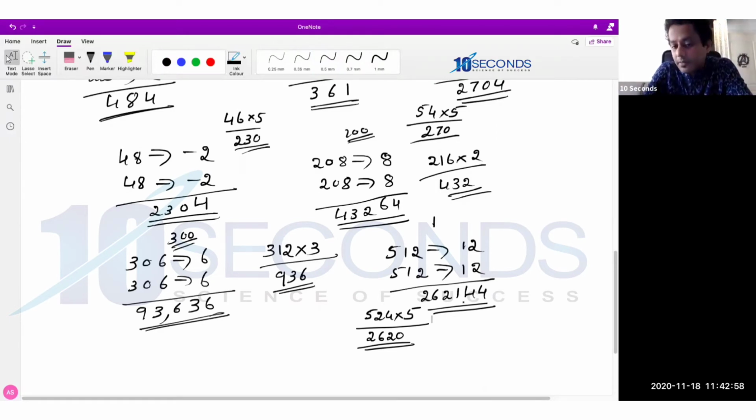After multiplying by 5, you need to add the carry, because till 1000 it is two digits; for 1000 onwards, three digits you can write. So you cannot write 144, you have to write only 44. One carry you need to take. Then 2620 is the number you get, add one carry to it, so it becomes 262144.